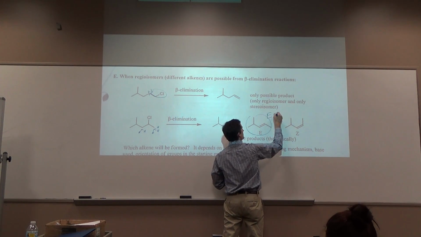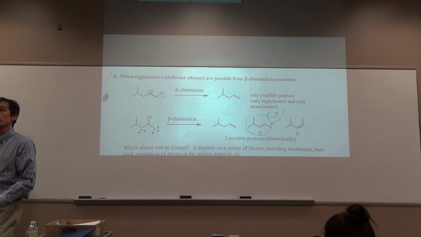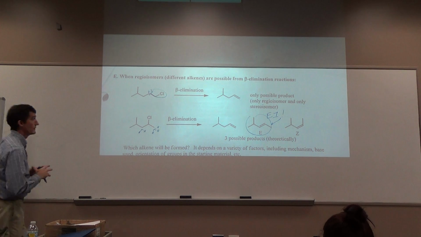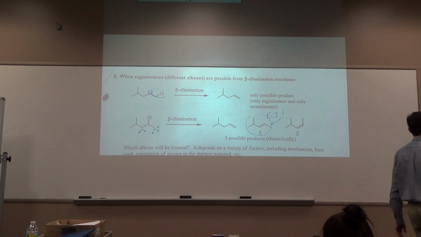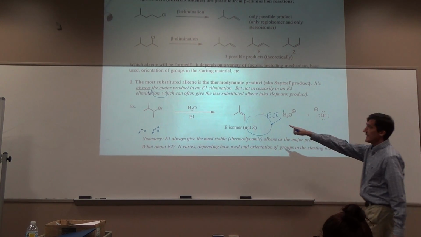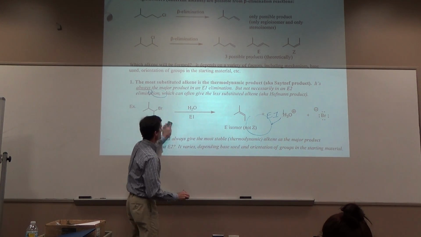This is your E1 product. Okay? Take home: with E1, you always get the most stable alkene product, including regioisomers and stereoisomers, because E1 is ultimately thermodynamically controlled, you get lots of equilibrium going on, and you just get the best one. So that's the easy one. E1 is the easiest. For example, if you take this one here and just heat it in water, what's the product going to be?